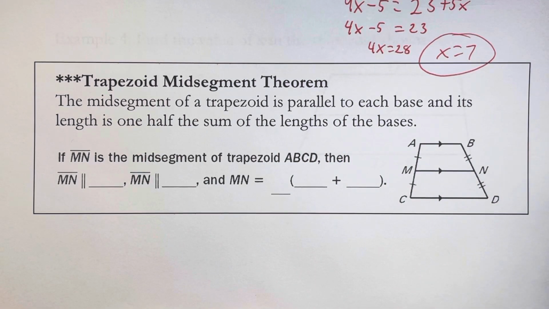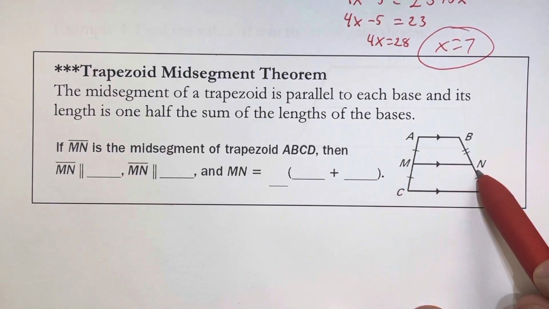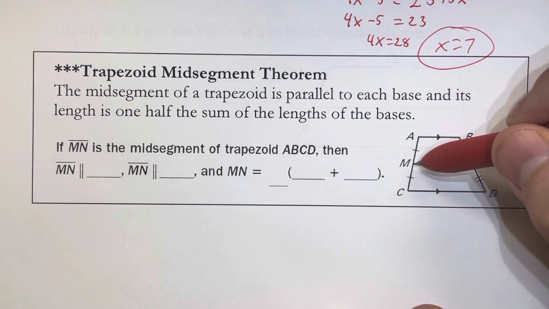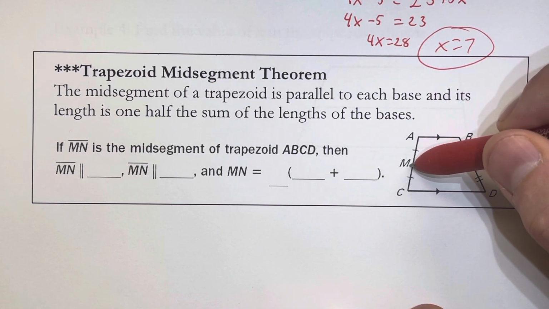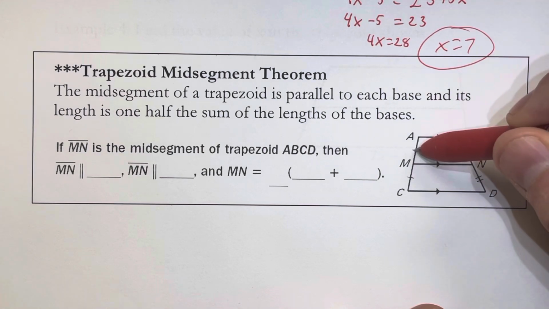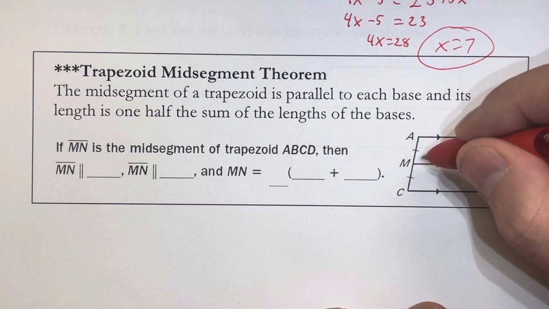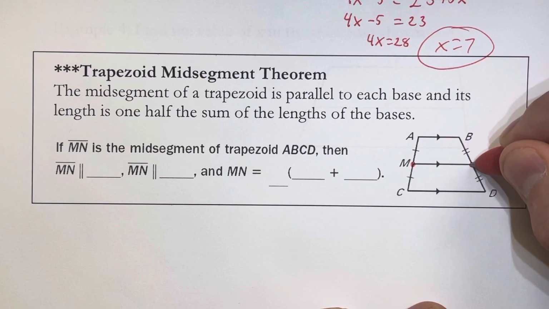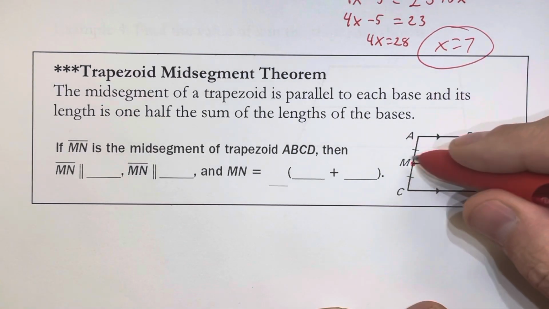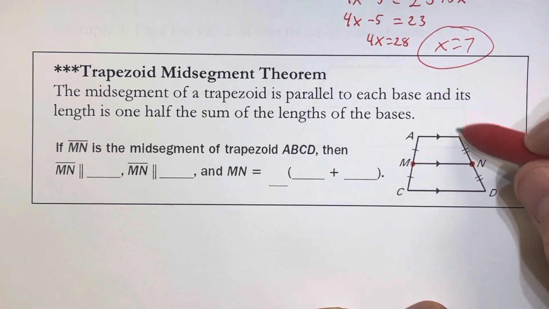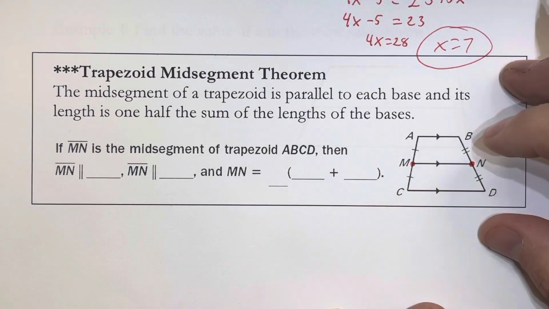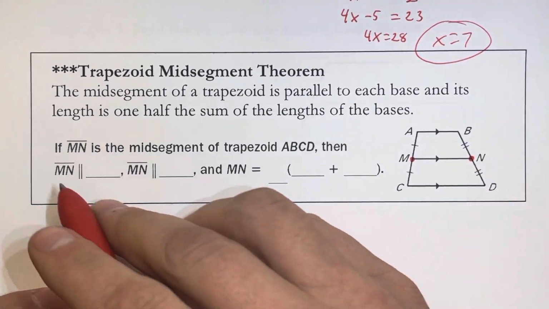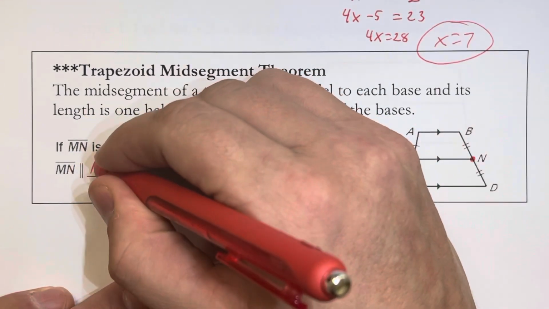So a couple things about the mid-segment. The mid-segment MN, all right, it is going to connect the two non-parallel sides at each one's midpoint. So M is a midpoint, and N is also a midpoint, all right? Those have to be midpoints for the legs, okay? So MN is parallel to AB.